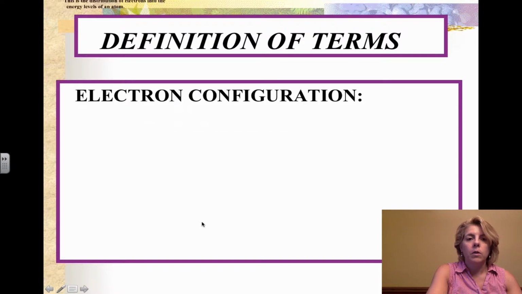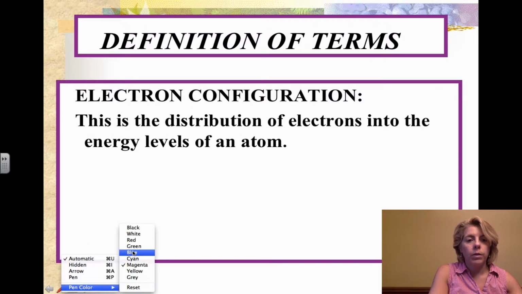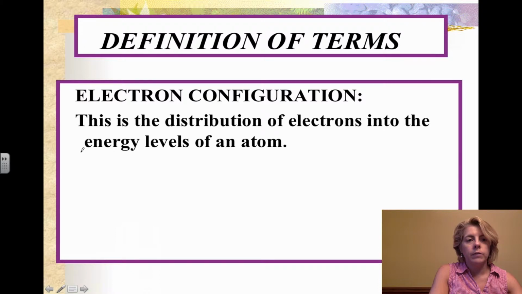Okay, here we go. So with electron configuration, we're looking at how the electrons are placed within the atom. And we're going to look at the different energy levels that occur with that electron. And it'll make more sense when I show you the periodic table here.